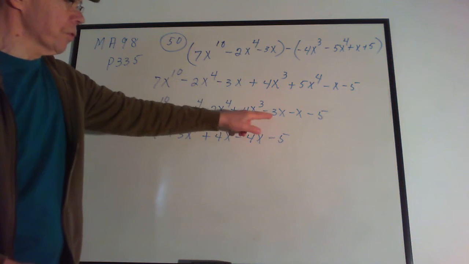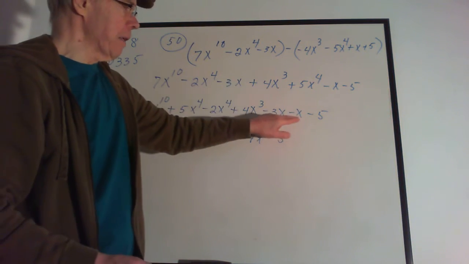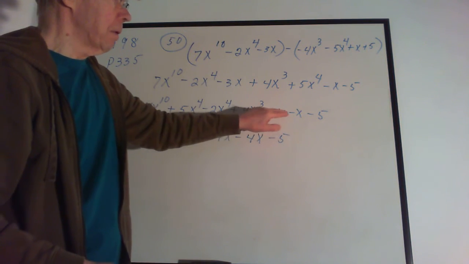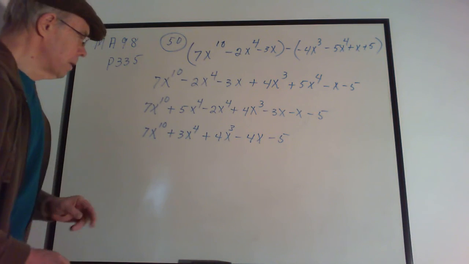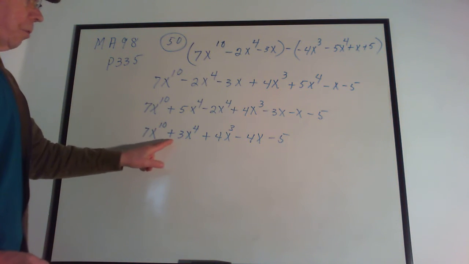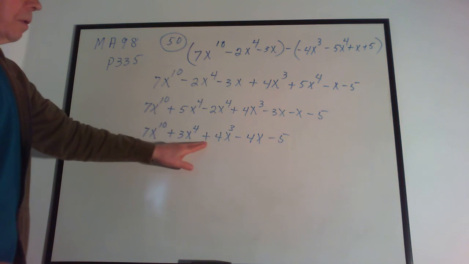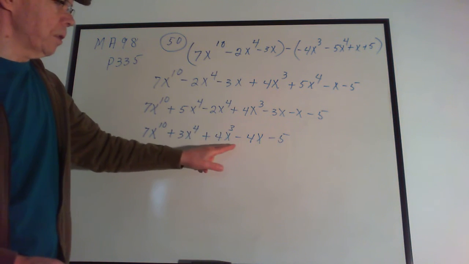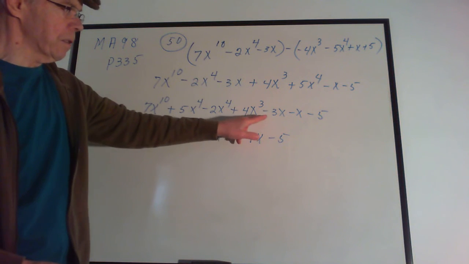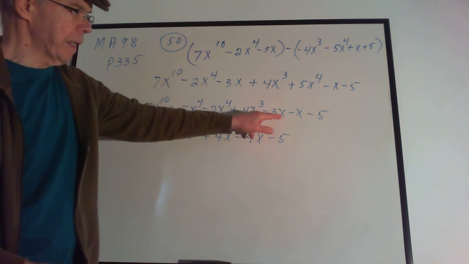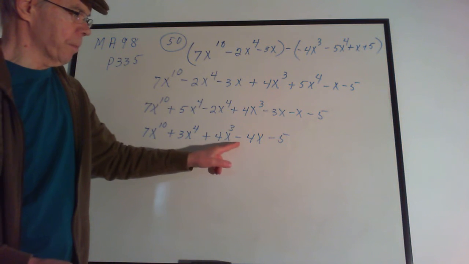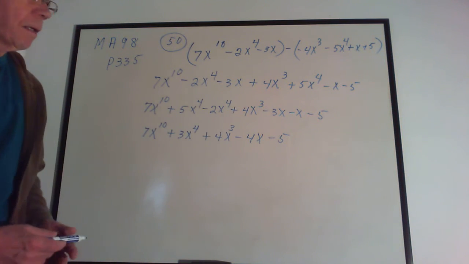I have a minus 3x minus x, so I can add those two together, and minus 5. So I'm going to get 7x cubed plus 3x to the 4th by combining these two, plus 4x cubed minus 4x. So it's minus 3x added to a minus x gives me minus 4x, and bring down the minus 5.